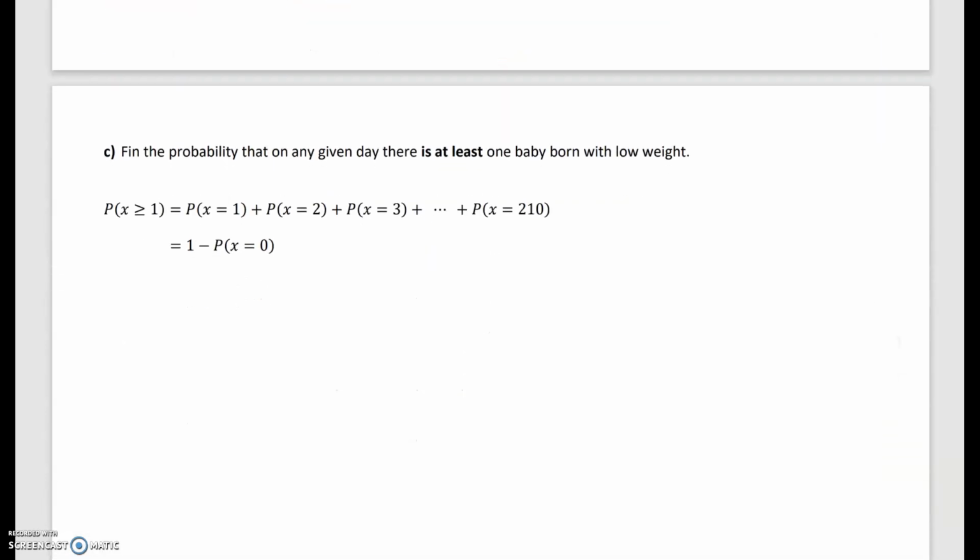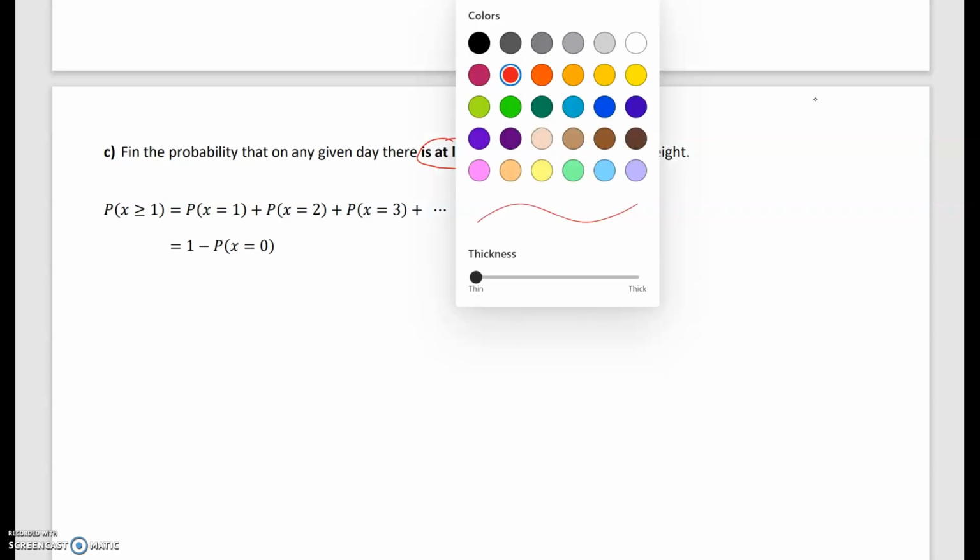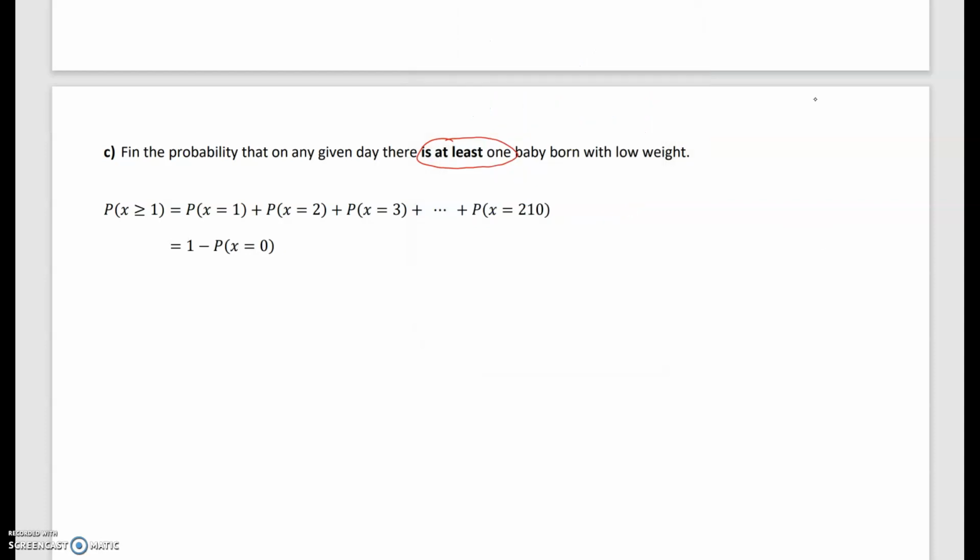The one that may be a little bit tricky is problem C. And this is because of the following. They're asking that on any given day, there's at least 1 baby born with low birth weight, and at least 1 represents, in terms of probability, 1 or more.